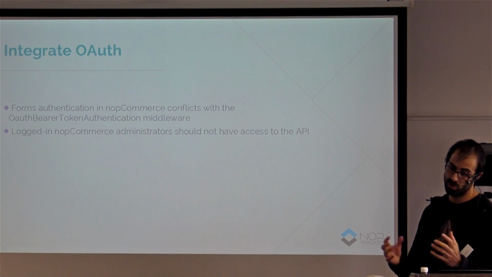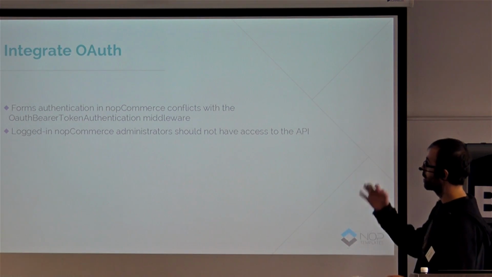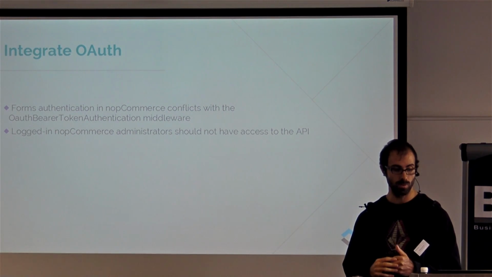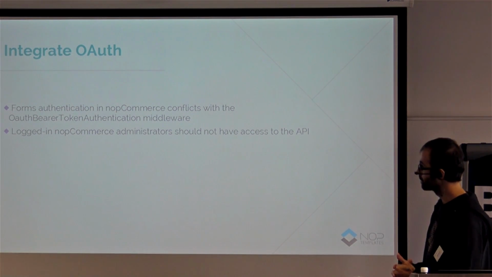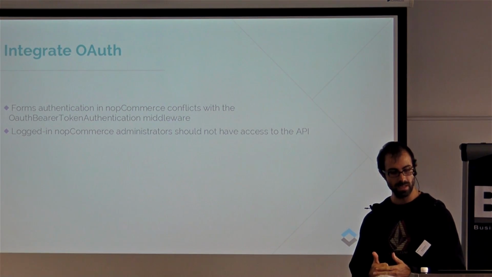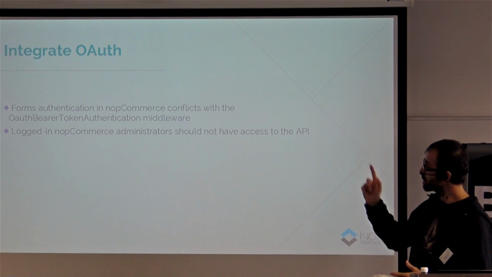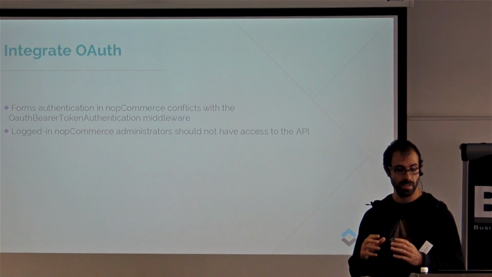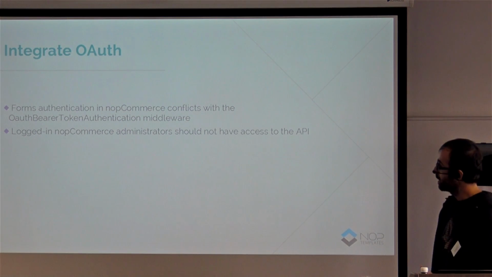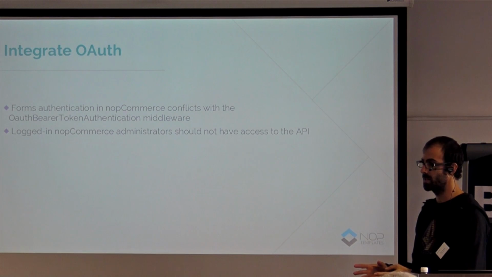And of course, you can hack around this, but this is not a real solution. It's going to conflict with the forms authentication, and your bearer token authentication would not work. Why is this so? Because forms authentication and the bearer token authentication both use the current thread principal, and forms authentication executes at the authenticate event in the HTTP application pipeline, and when it finds the cookie, it just authorizes the request and sets the current principal.